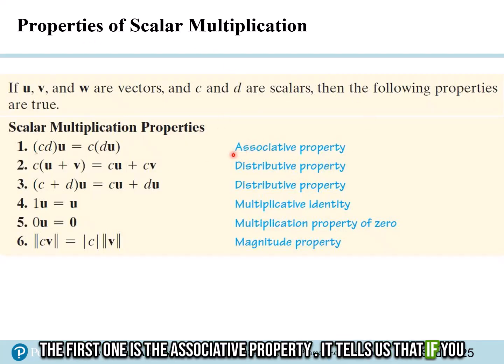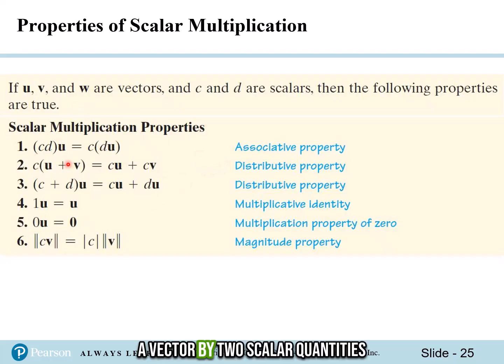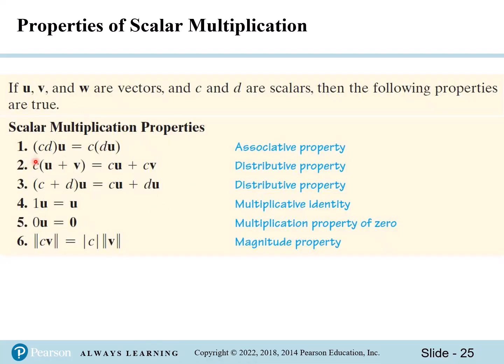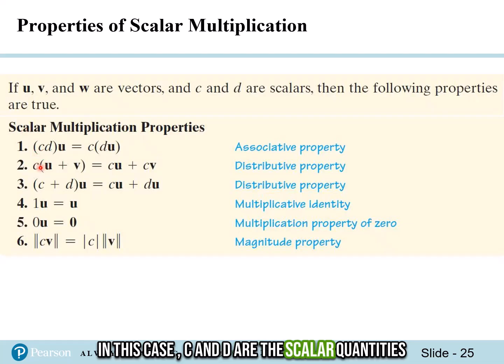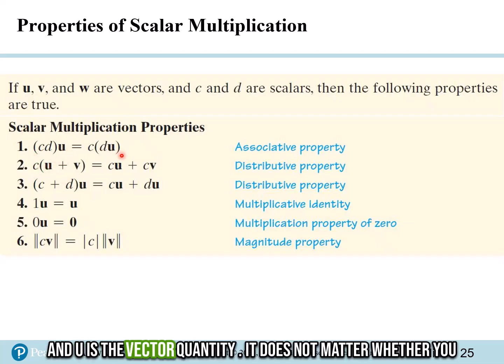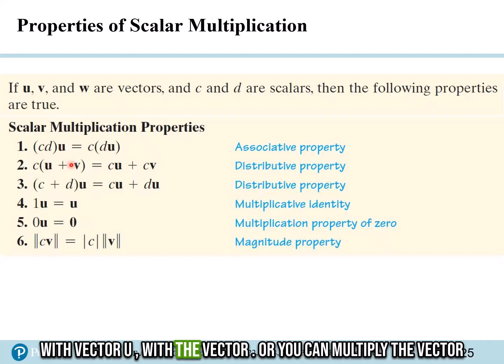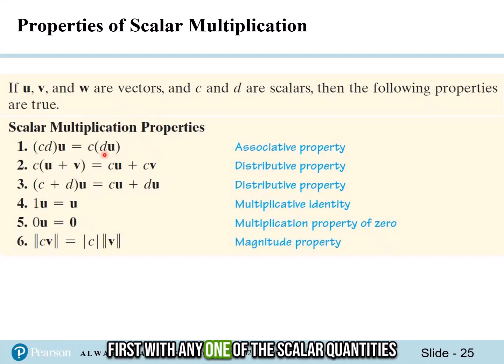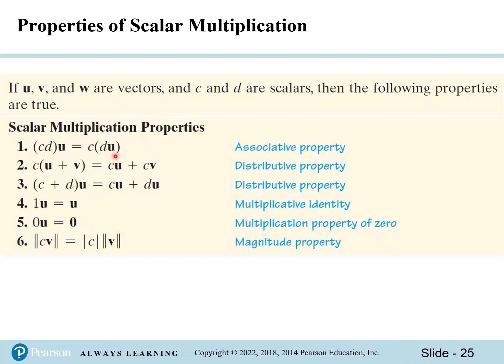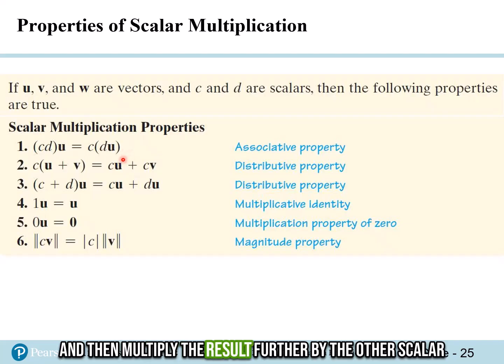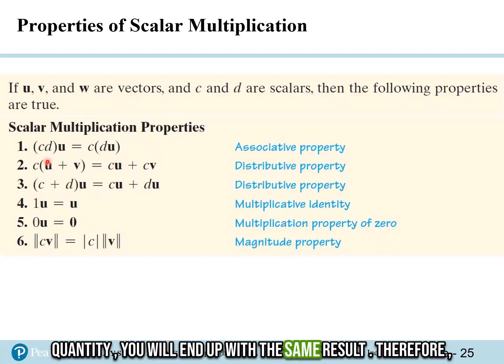It tells us that if you are multiplying a vector by two scalar quantities, in this case c and d are the scalar quantities and u is the vector quantity, it does not matter whether you first multiply the two scalar quantities and then multiply the product with the vector u, or you can multiply the vector first with any one of the scalar quantities and then multiply the result further by the other scalar quantity, you will end up with the same result.